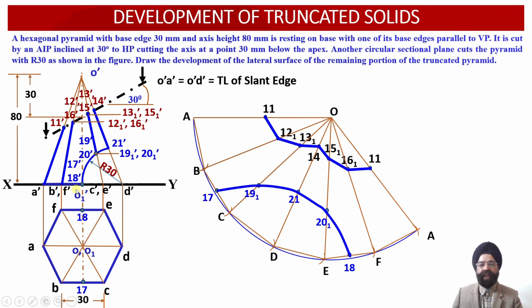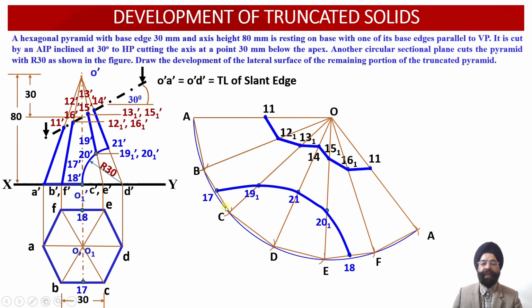Now we can check this portion of the hexagonal base. It has not been intersected by the cutting plane. So this portion is AB and FA over here. Similarly, the portion of BC, this portion has not been cut. Similarly, the portion of EF, this portion has also not been cut.